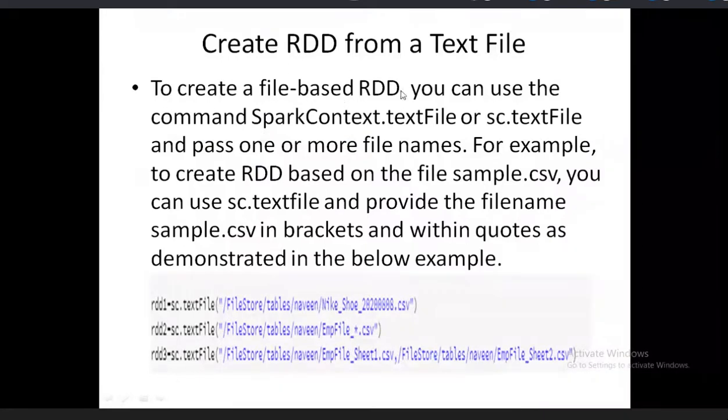To create a file-based RDD, you can use the command spark.context textFile, or sc.textFile, and pass one or more file names. Let's see. In this example, I have created one file. I have created multiple files, two files also. Let me execute one by one.